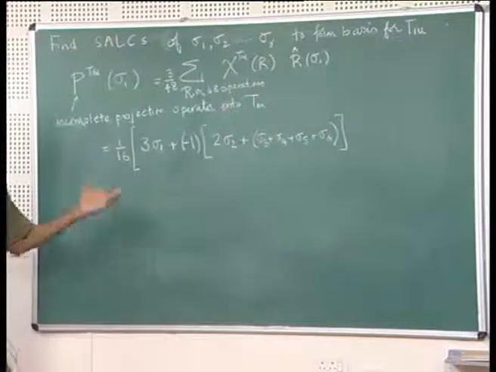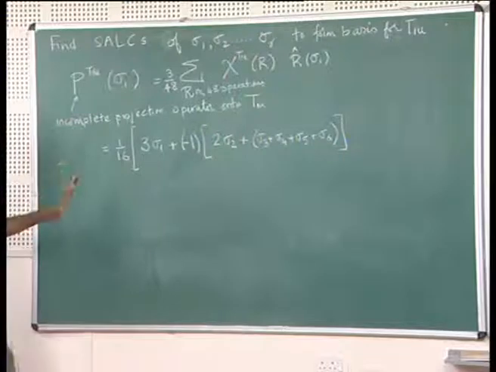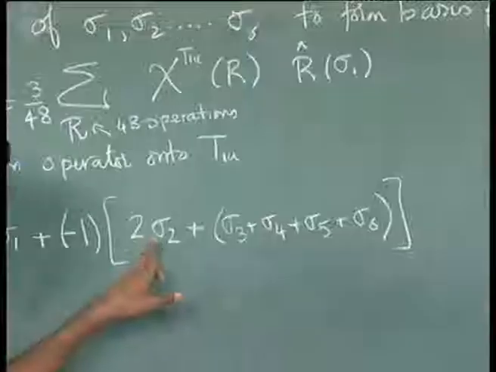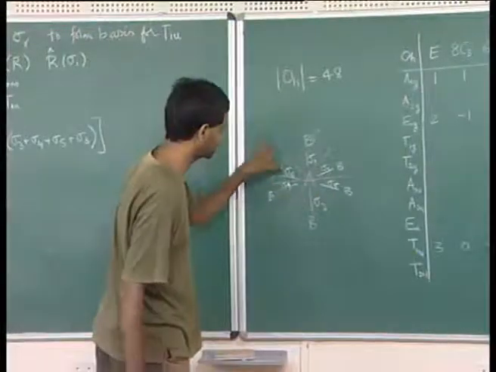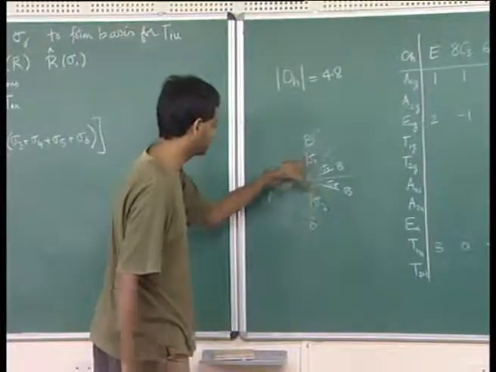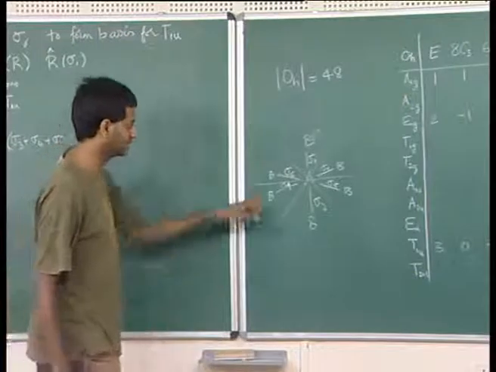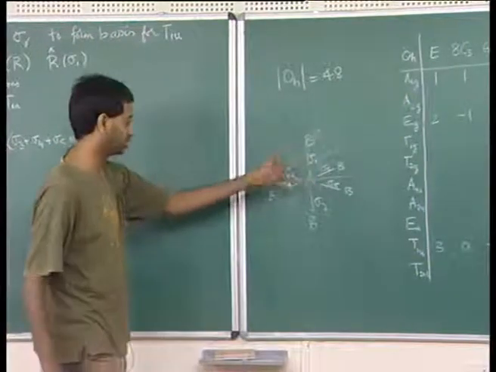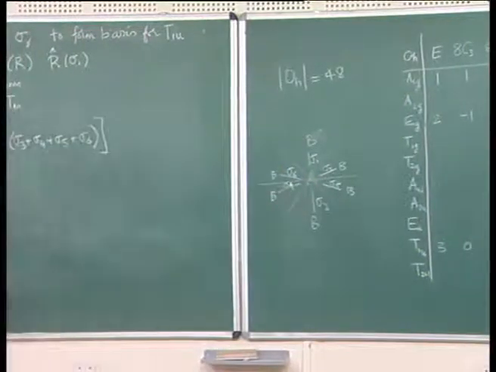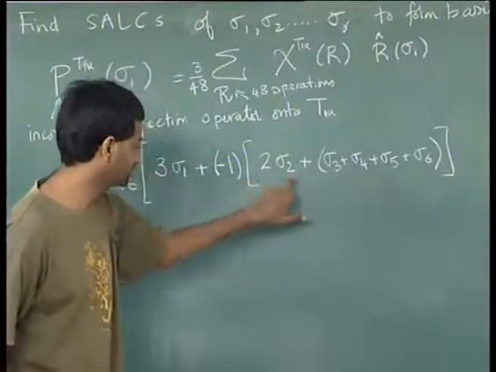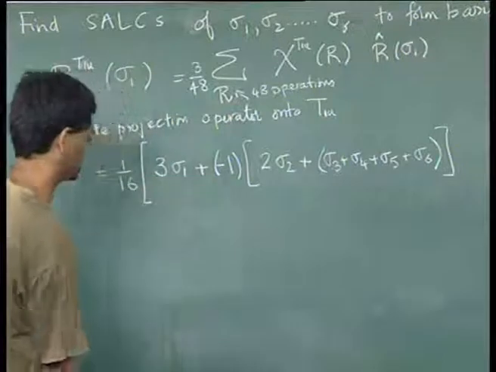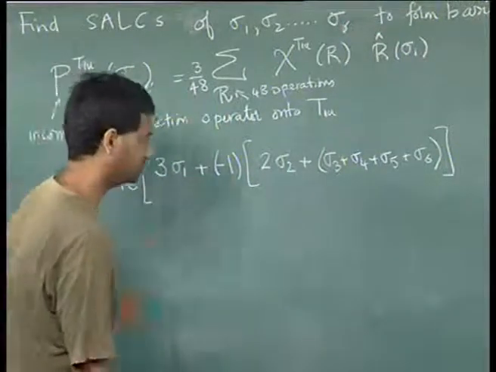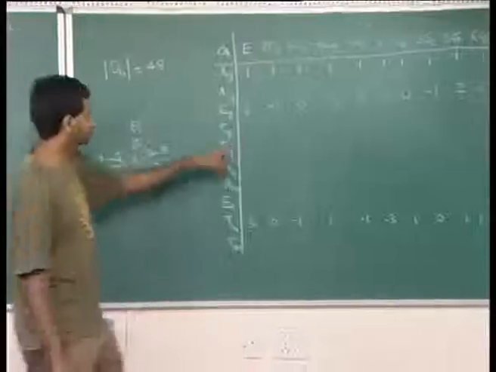It's not hard to see this, but importantly, none of them leave it as sigma 1. Since all the C2 operations correspond to axes that are between two axes, they will never leave sigma 1 unchanged. They always move sigma 1 to something else. Two of them will move sigma 1 to sigma 2, and the remaining will move it to one of the other axes. So that's as far as C2 goes.